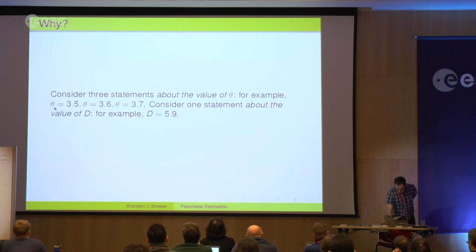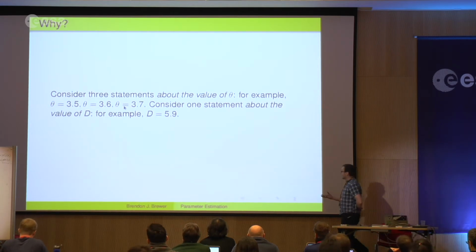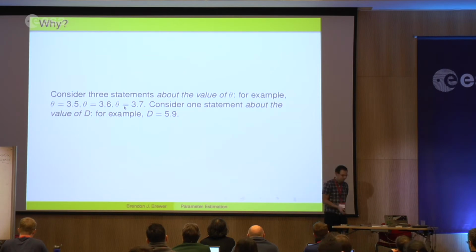So for example, if some unknown theta could be 3.5 or 3.6 or 3.7, then if we assign 3 probabilities to these, then we have a discrete probability distribution. We can have a prior probability distribution.